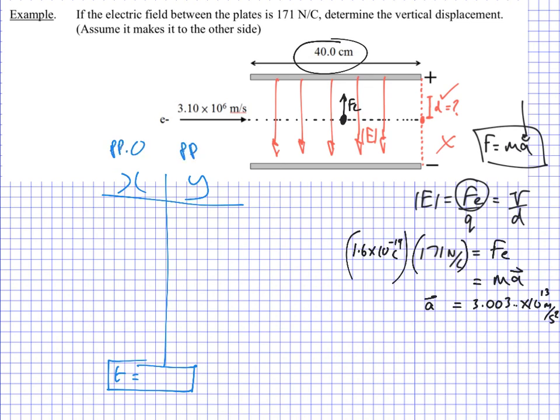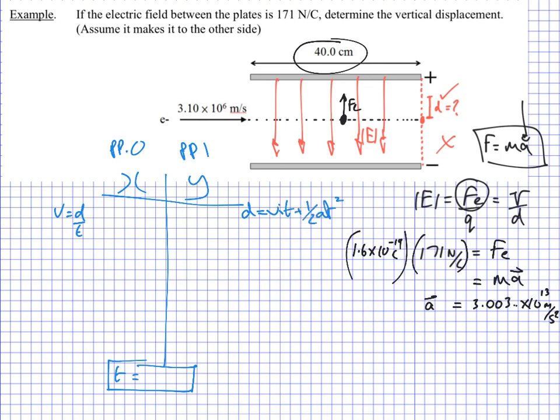In the Y system, we're going to use physics principle 1. In other words, in the X, it's not accelerating, so I'm just going to be using v equals d over t. And in the Y, it is accelerating, and I'm going to use my kinematics equations, most likely d equals v_i t plus 1/2 a t squared.